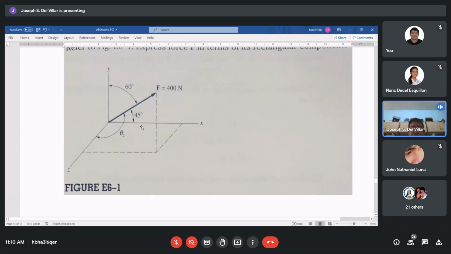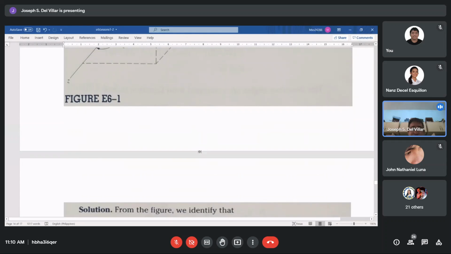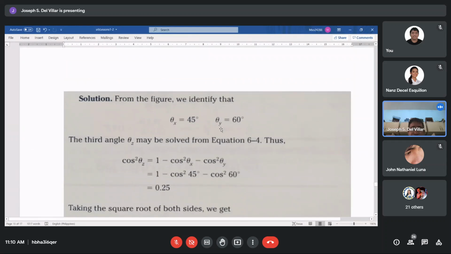So solve first for theta sub z, substitute to the identity-like equation, given these two angles. So that means to say cosine squared theta z is unknown. So subtract the summation of two squares from 1. You transpose, di ba? Transposing the squares of theta x and theta y. Yan, 1 minus cosine squared 45 minus cosine squared 60. So you get 0.25. But that is cosine squared, no?